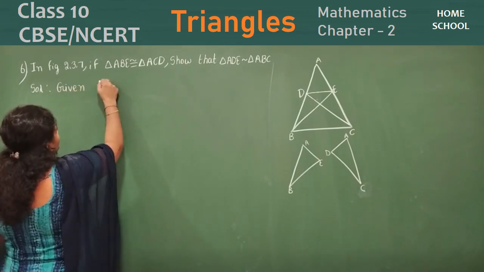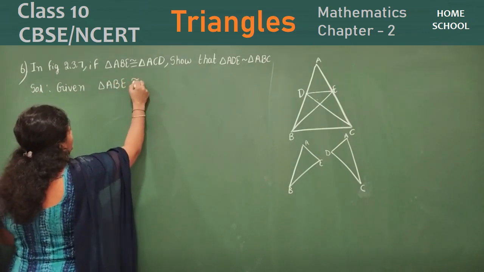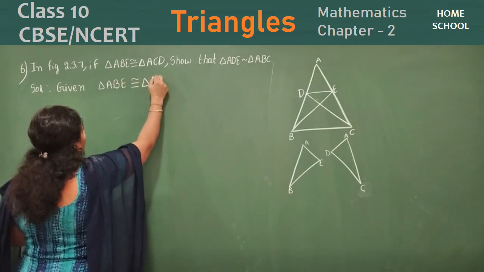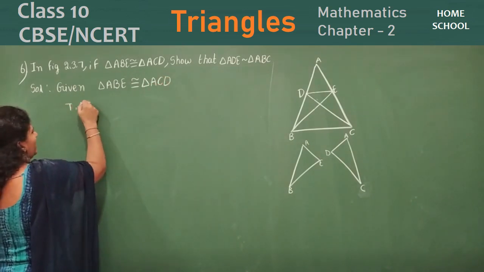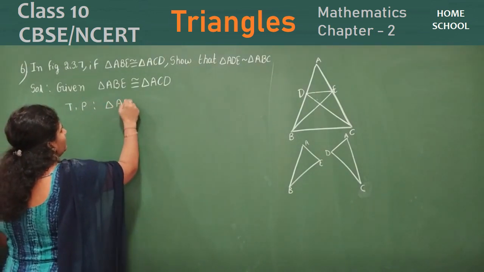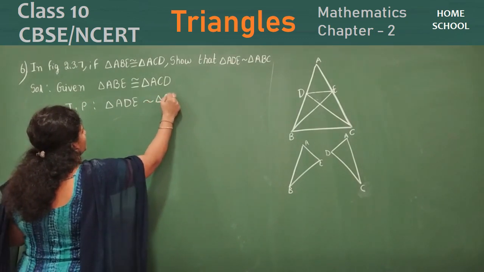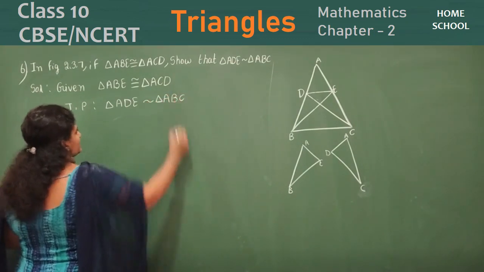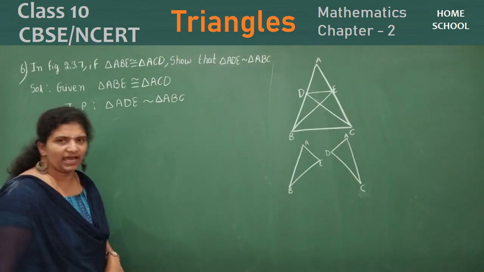Given: triangle ABE is congruent to triangle ACD. Show means we need to prove. To prove: triangle ADE is similar to triangle ABC. Triangle ADE similar to triangle ABC, I need to prove.